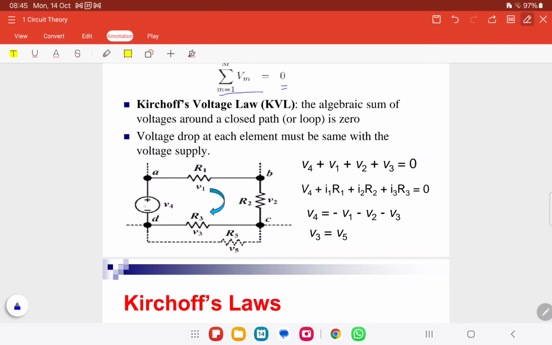Okay, so let's say we have V4. In this loop, the KVL is minus V4 plus V1. V1 dekat sini. Plus V2 plus kita ambil V3 lah. Kita lalu yang sini. Okay, V3 equals to 0.